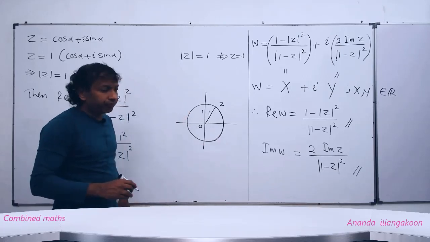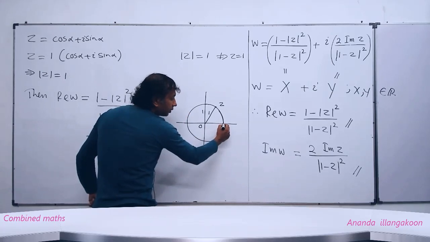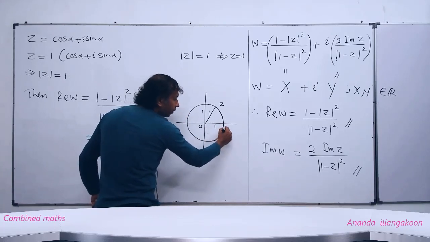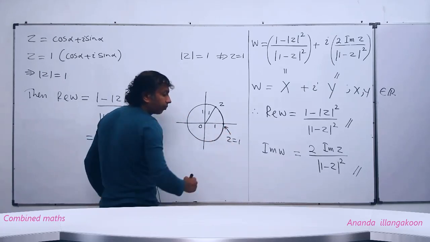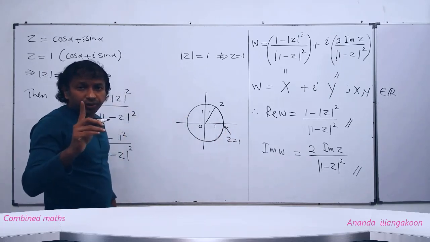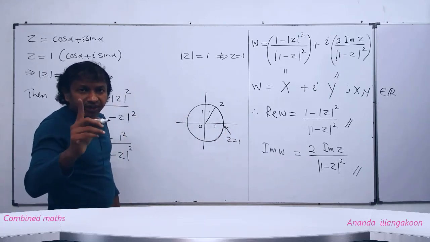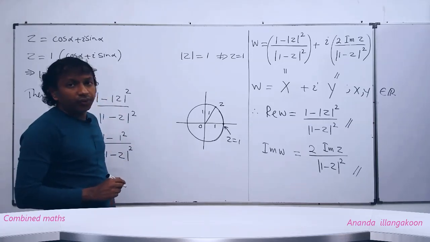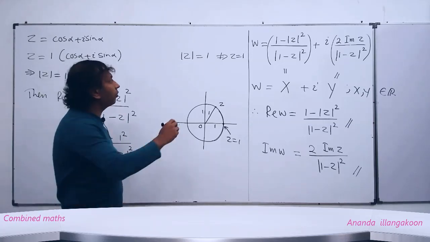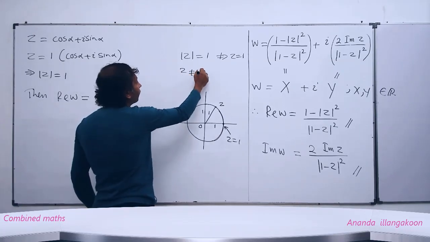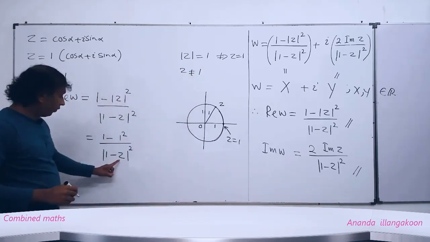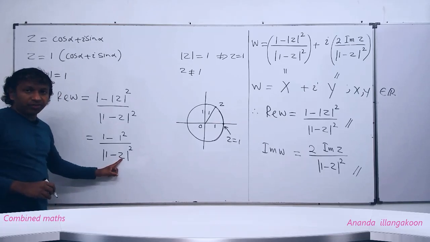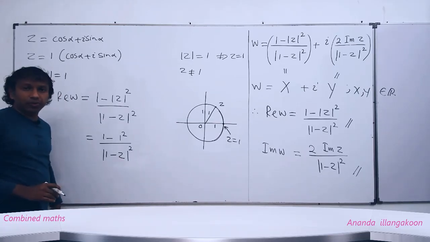Among them, z equals 1 is only one case. So therefore, in the question you are given z not equal to 1. Therefore, 1 minus z is never equal to 0. Therefore, its mod is never equal to 0.